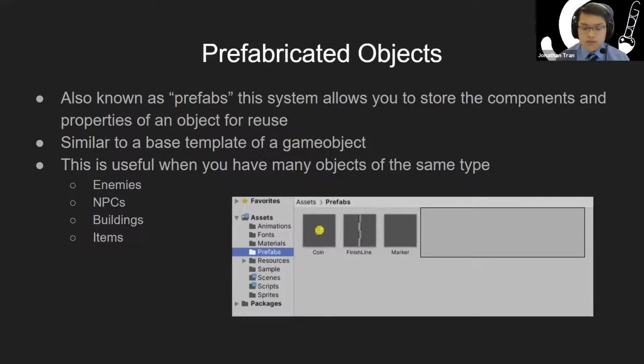You'd probably do that for objects like enemies, NPCs, buildings, or items. A game may have multiple NPCs, but the base of it may all be the same prefab, just with different textures. In the picture we have there, the most notable prefab is the coin one. We use the coin prefab to generate coins within our different levels.